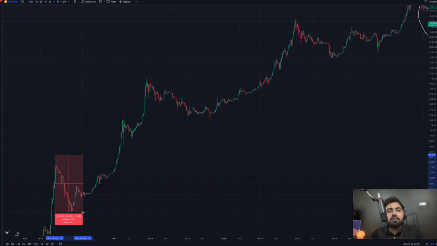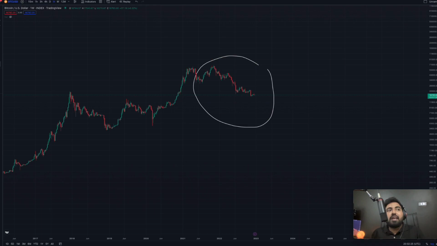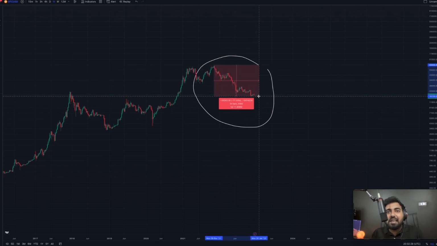Yes guys, 93 to 94, like that. So still Bitcoin has decreased only 77%. So guys, more downside to go. According to the historical data, Bitcoin has more to go.